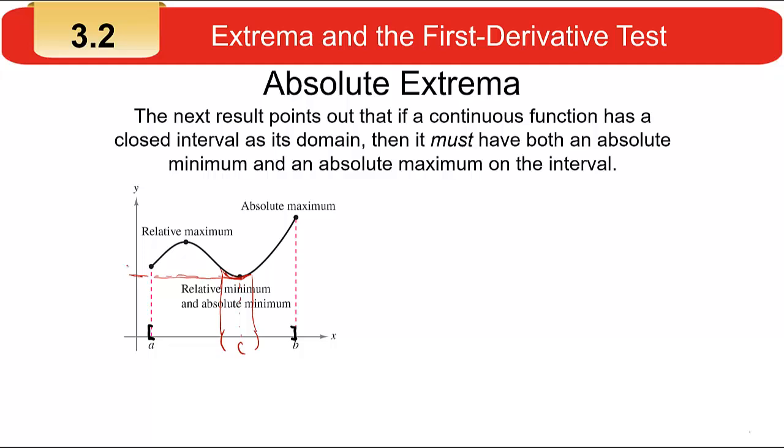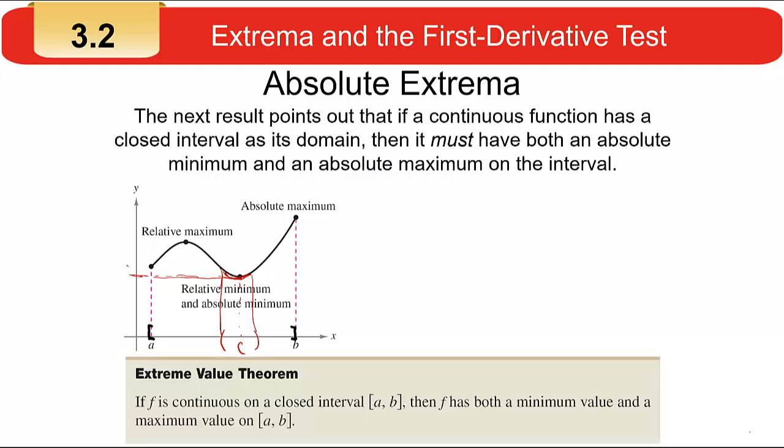So I hope this graph helps you make some distinctions that are important when you're talking about absolute versus relative. It also leads to something called the extreme value theorem.